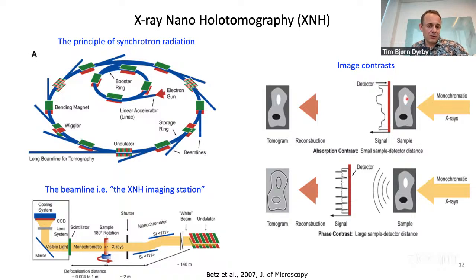But what we are mostly sensitive to in this setup, because we have a very monochromatic, very aligned, coherent X-ray beam, is the phase contrast, how different structures at the nanoscale influence the signal. So we can get a much better tissue contrast for soft tissue, and this is what we are using here. We are measuring these two contrasts in combination.